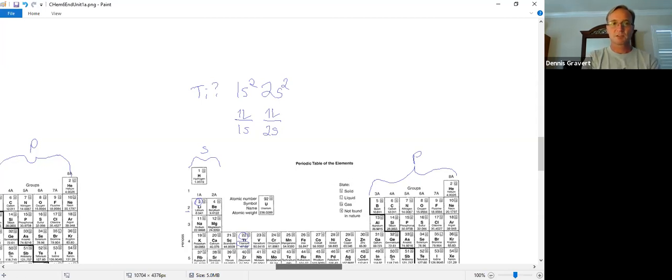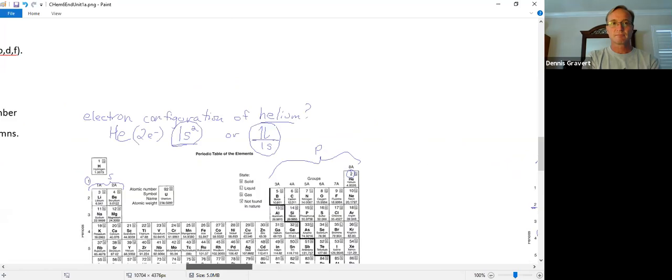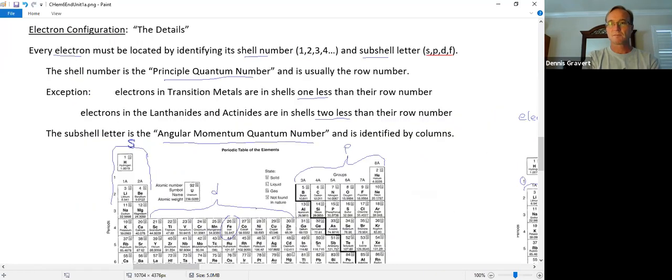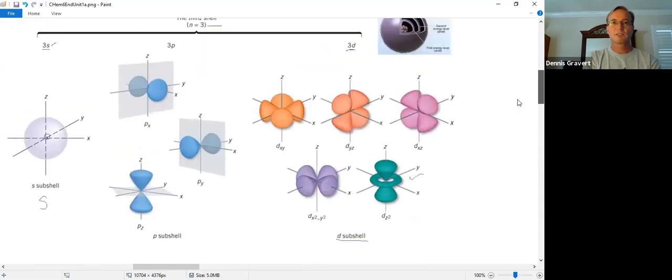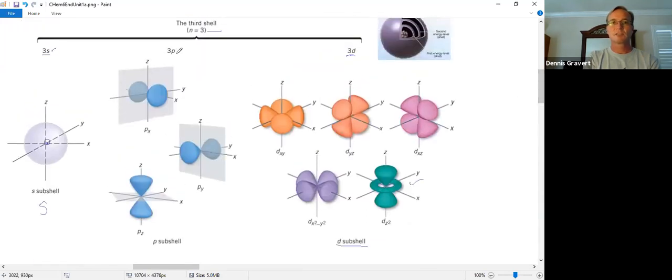Let's go back to our pictures of the subshells. It turns out when you're in the third shell, there are 3 P's. Actually, anytime you have a P subshell, there are going to be 3 of them. When you're filling D subshells, there are going to be 5 of them.